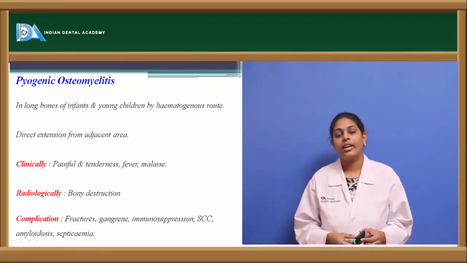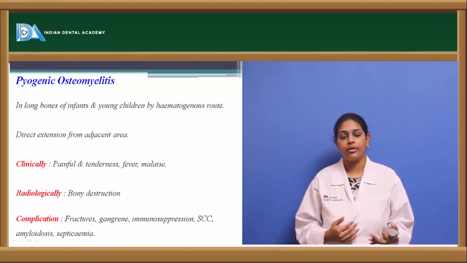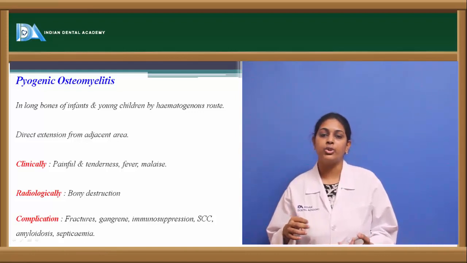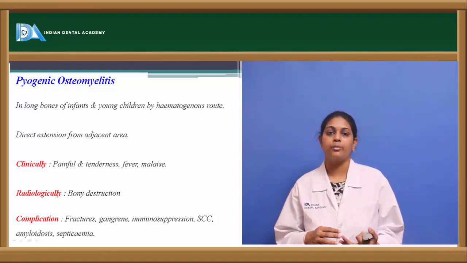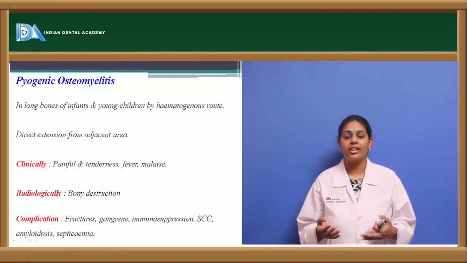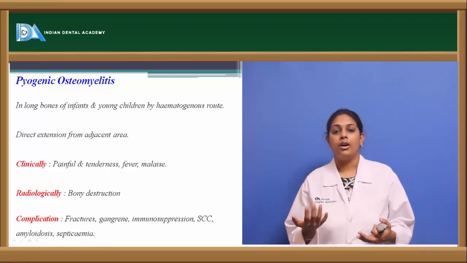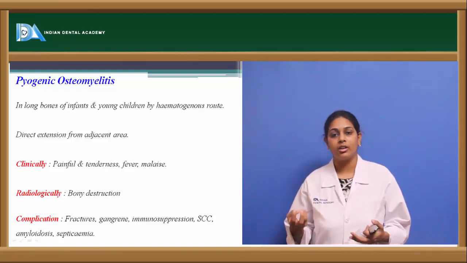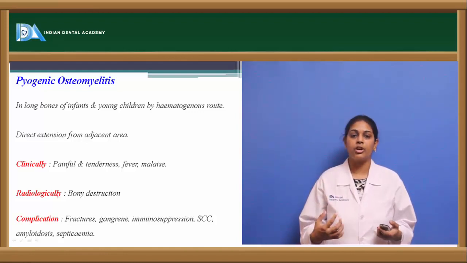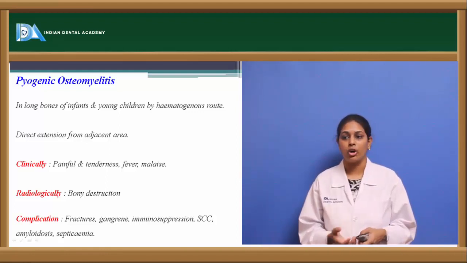The infection usually spreads by the hematogenous route, which is the predominant route for spread of infection to the bone from the systemic region. Otherwise it could also be because of direct extension from an adjacent area. Suppose the facial areas are involved with these bacteria, they might be carried through the blood circulation to the jaws, and this might result in osteomyelitis of the jaw.